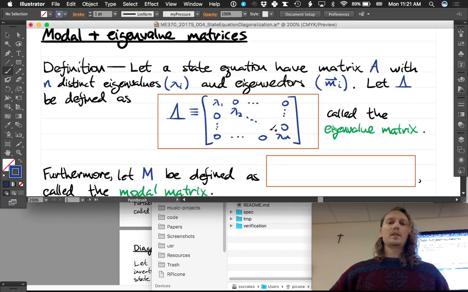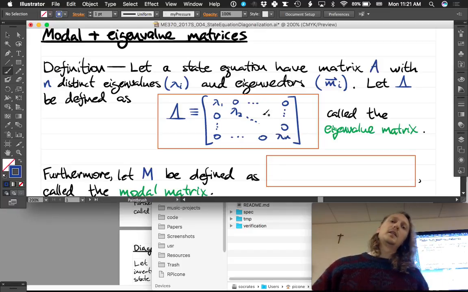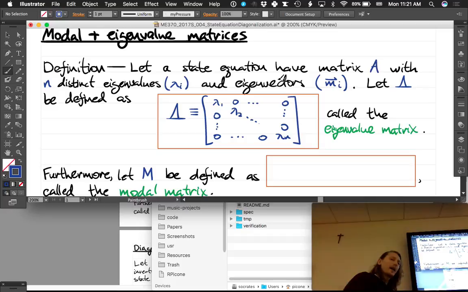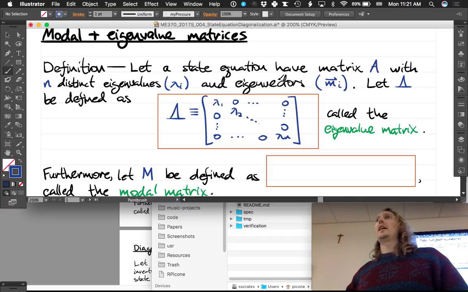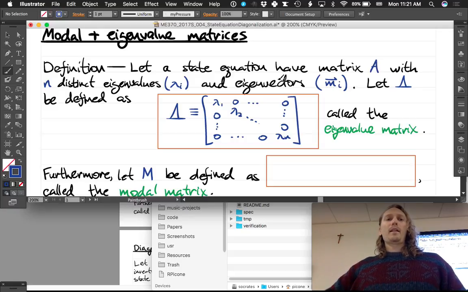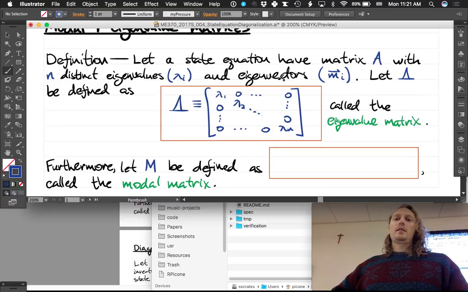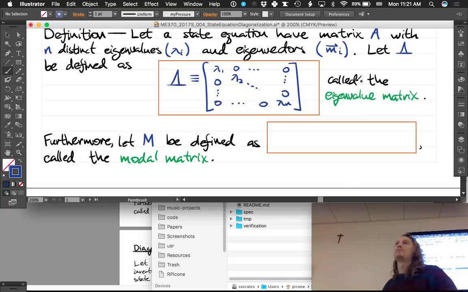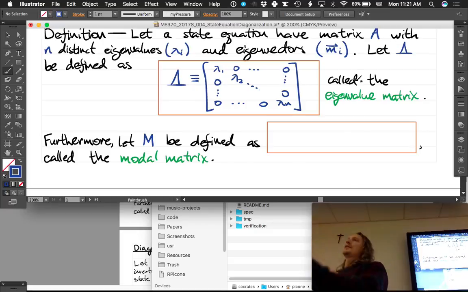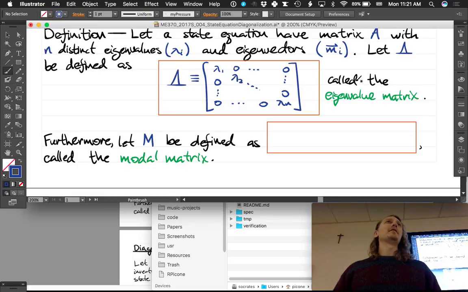So everything else is a 0, but on the diagonal, we have the eigenvalues. There are n eigenvalues, so n of them along the diagonal. We call this the eigenvalue matrix. It kind of makes sense. We use capital lambda for the matrix, little lambda for the eigenvalues, and they just go along the diagonal.